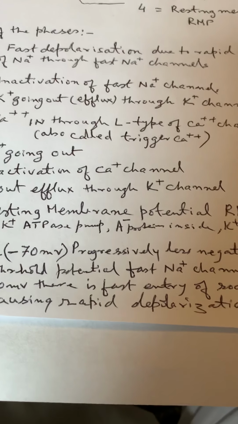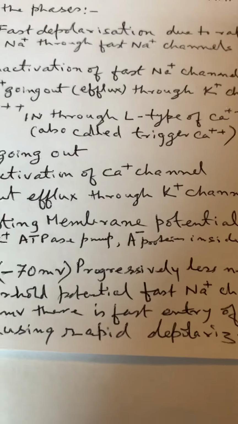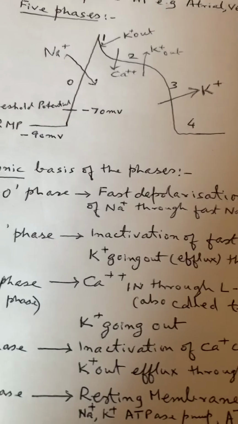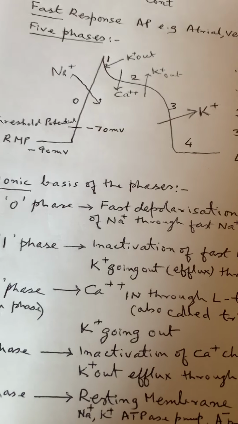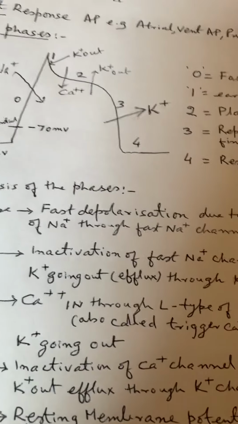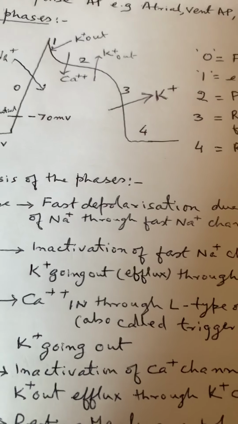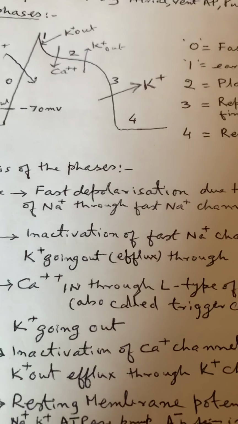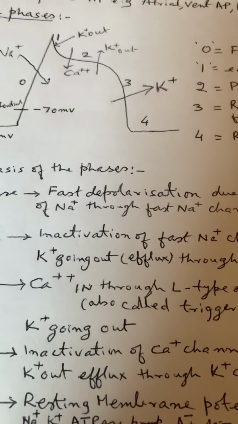So this is what is in the fast response action potential, 5 phases. Now another thing you should remember, what are the differences? In the atrium, the phase 2, the plateau phase, is small, so the duration of the potential is less than ventricular.